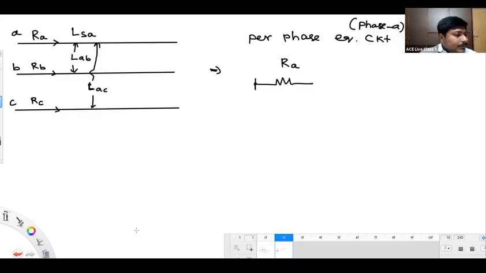Definitely a combination of both we have to consider. So I'll keep some inductance here as LA, the phase A inductance or per phase inductance, LA. And this LA is a combination of self and mutual inductances.